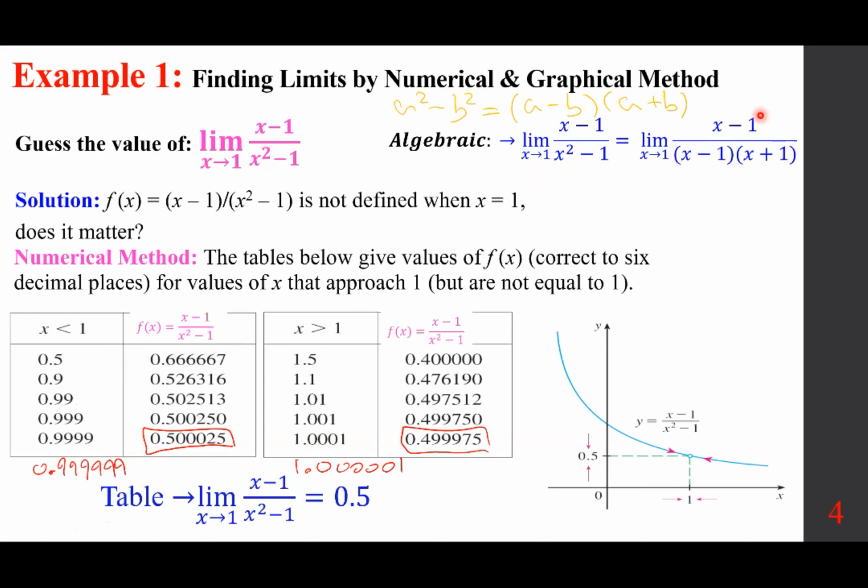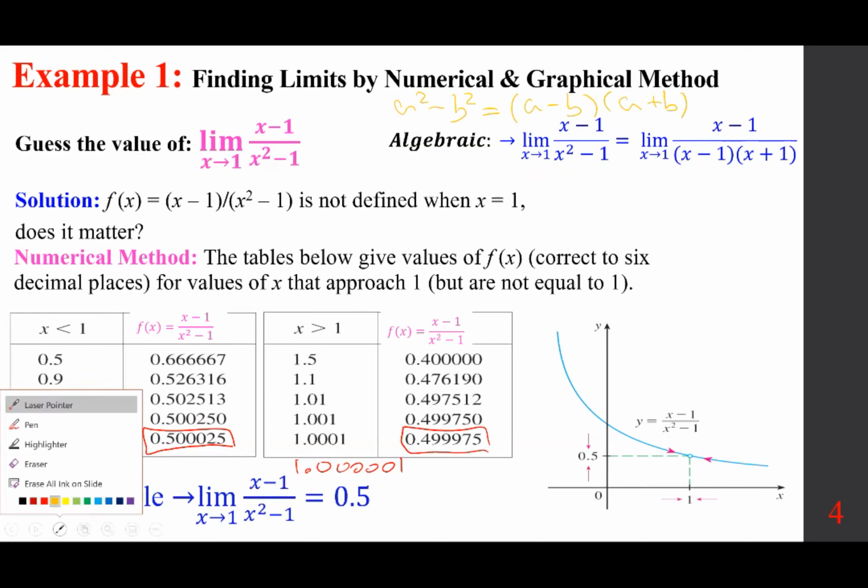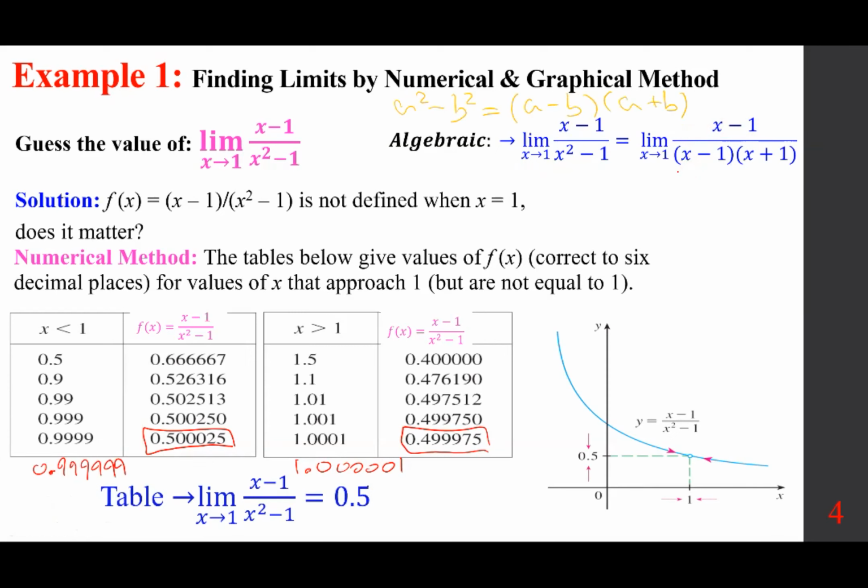Therefore, we can drop the x minus 1. We get 1 over x plus 1. Take the limit as x approaches 1. And now if you replace it, you get 1/2.